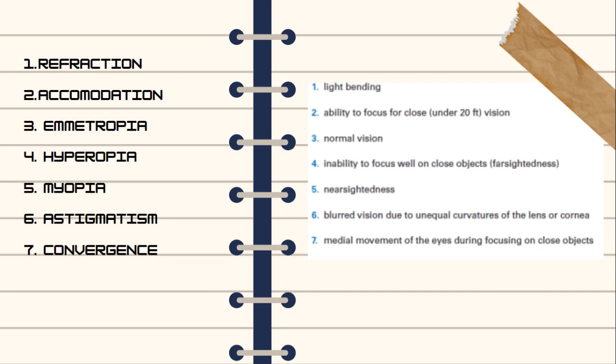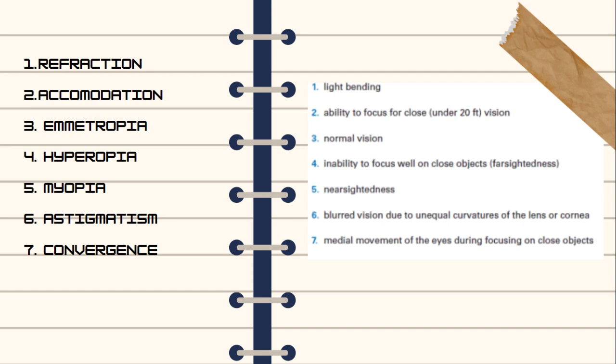Next, number 13. Match the terms in column B with the descriptions in column A. Number 1. Light bending. Refraction. Number 2. Ability to focus for close vision, under 20 feet. Accommodation. Number 3. Normal vision. Emmetropia. Number 4. Inability to focus well on close objects.